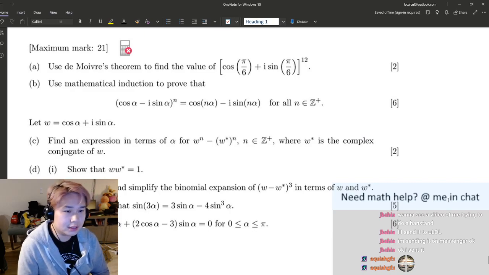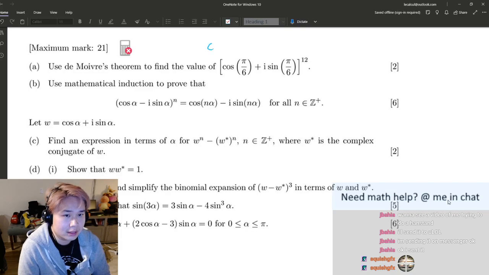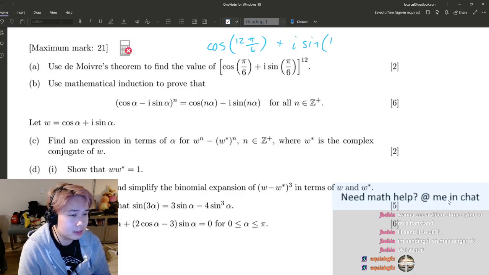Okay, use De Moivre's theorem to find the value of this. Okay, so the value of that is just going to be cosine 12 pi over 6 plus i sine 12 pi over 6.